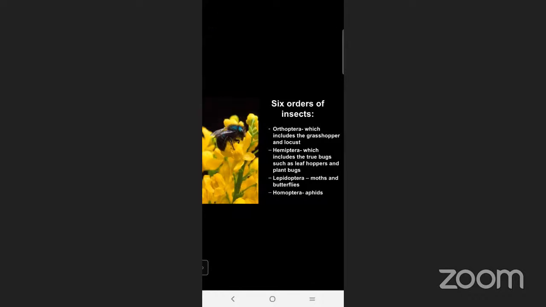Usually, whatever we see around us, we see six orders of insects. That is Orthoptera. We can see the cockroach, grasshopper, locust. These are one main order that we discuss to study the external morphology. When we say we have studied the external morphology of the insect, we are taking the example of Orthoptera, that is the grasshopper.